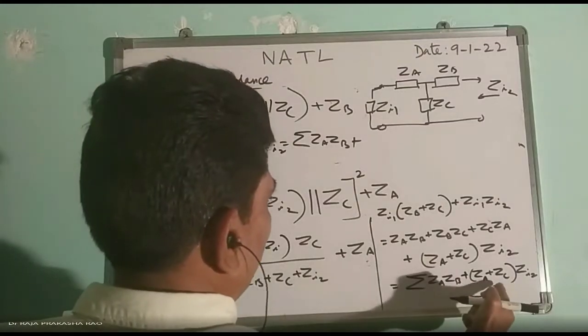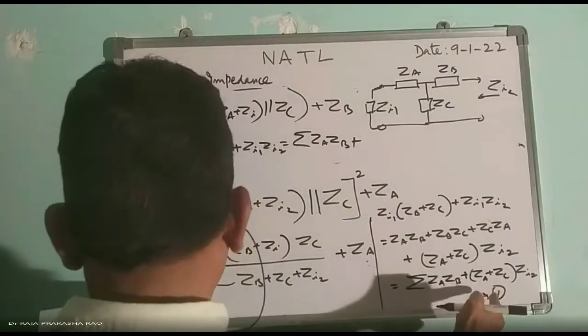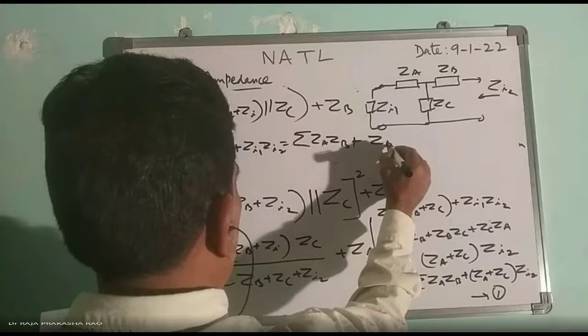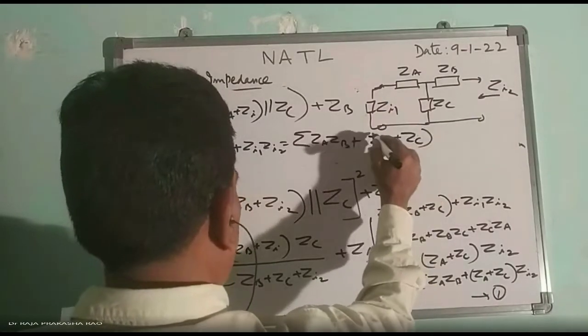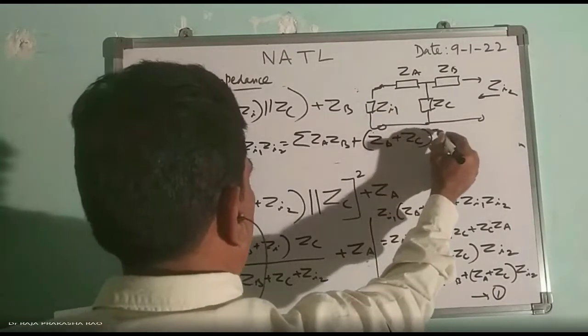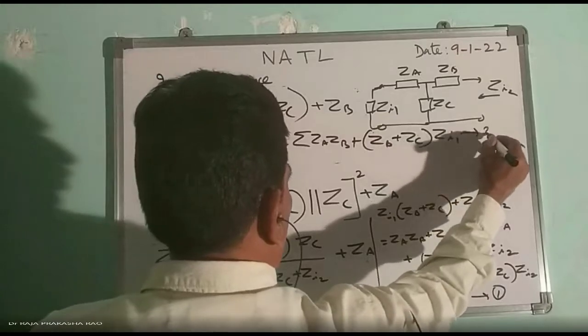Here in the first equation we got ZA plus ZC. Here we will get ZB plus ZC into ZI1. This is equation number 2.